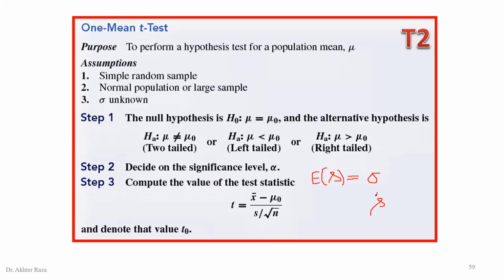In other words, I can write this as sigma cap is equal to S. So if population standard deviation is unknown, one can use S because S is an unbiased estimator of population standard deviation. So between t-test and z-test, there's only one thing which is changed, S or sigma.